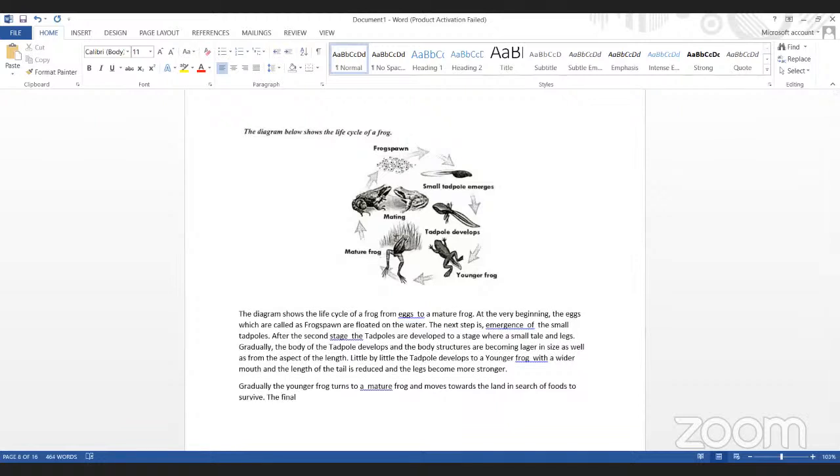The final stage is the mature frog finds a female mate for the reproduction purpose to continue the life cycle.